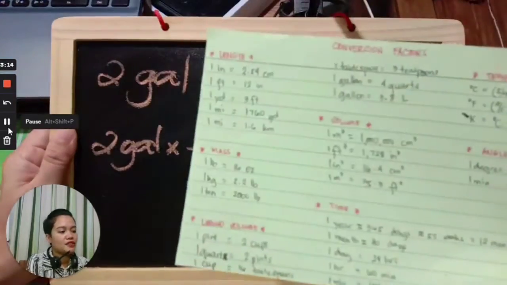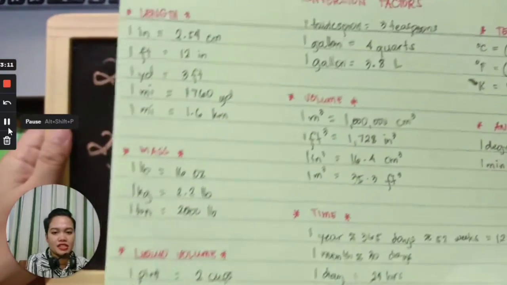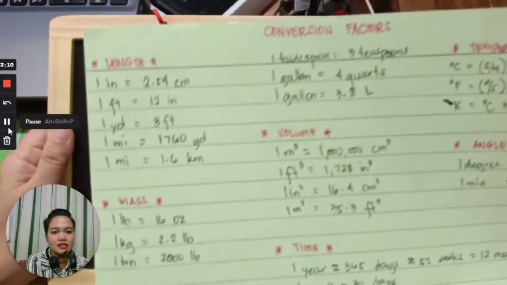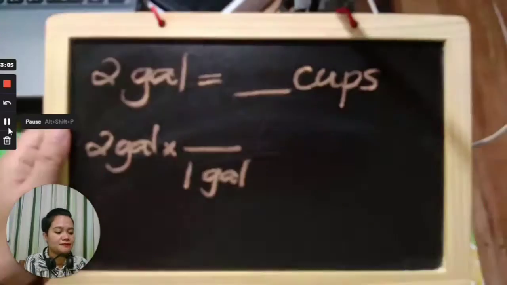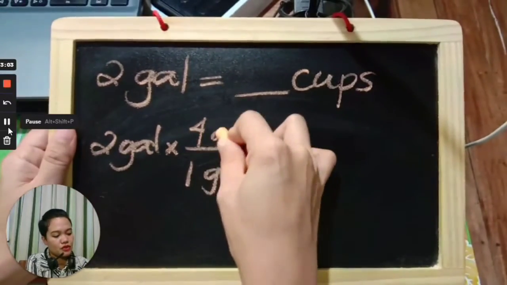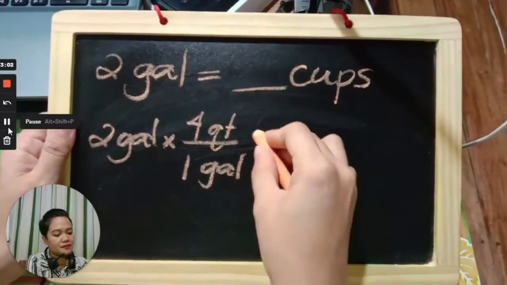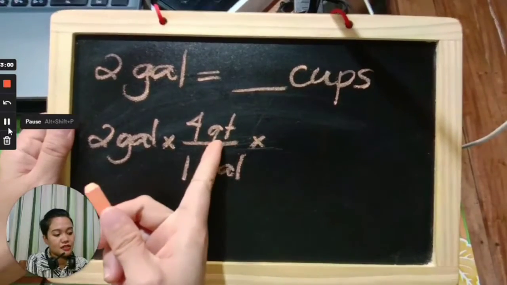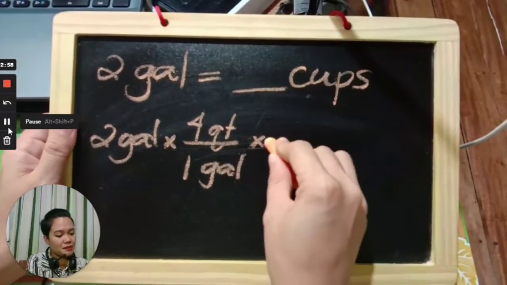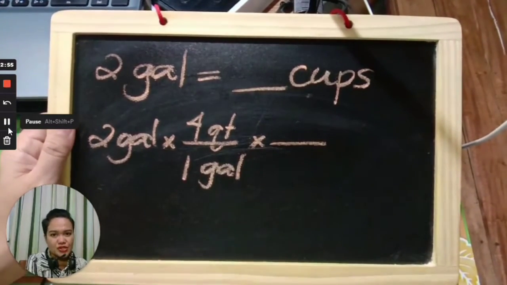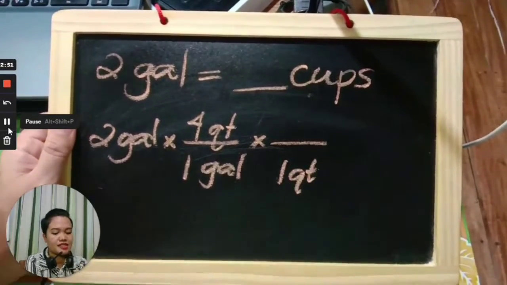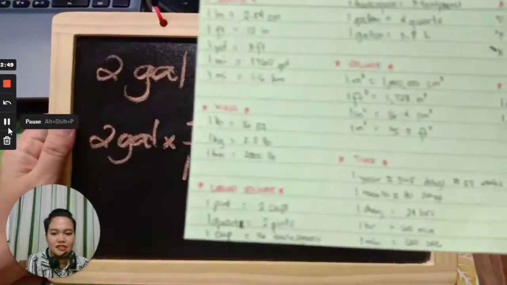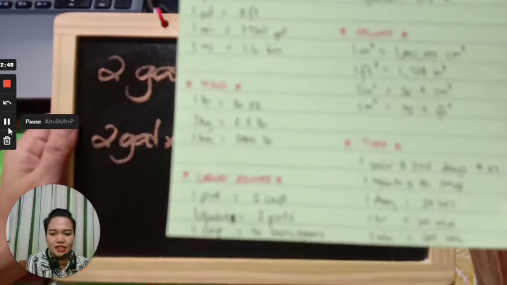We only have 1 gallon to quarts and 1 gallon to liters, so we won't be needing the liters. We will move on to quarts. 1 gallon is equal to 4 quarts. And since quarts is not yet cup, we need another conversion factor for that, wherein we have the quarts as the denominator. So let's look at, okay, here.